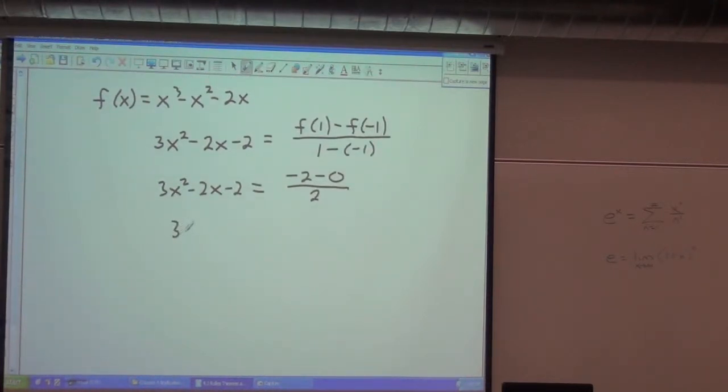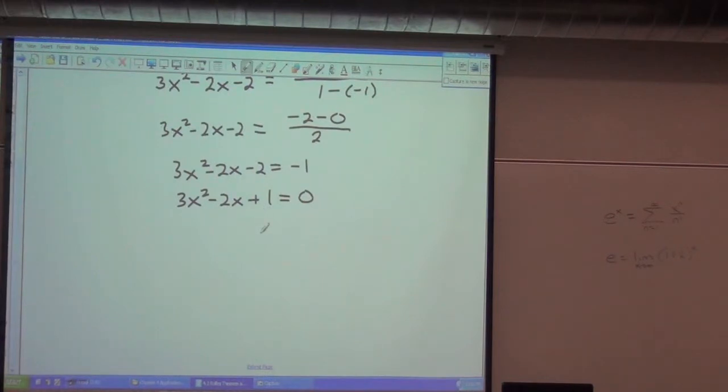So we've got 3x squared minus 2x minus 2 equals -1. I'll add 1 to both sides, get 3x squared minus 2x minus 1. Then I'll go about factoring this.